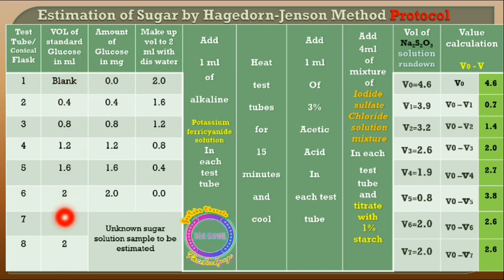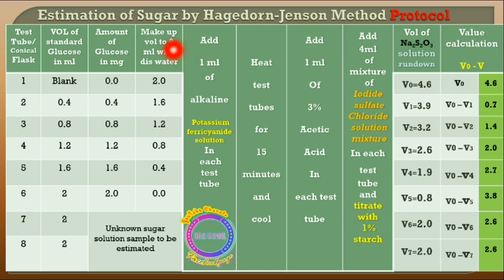Here the second column is this one. In this you can see up to 6 it is the standard solution, and test tubes 7 and 8 are the unknown. Further, you are seeing the amount of glucose which will be present in the standard solution. These readings are very much required to identify the unknown on the graph.